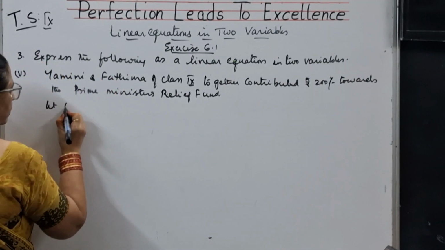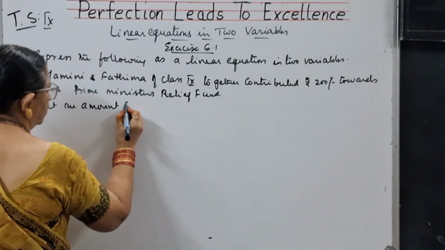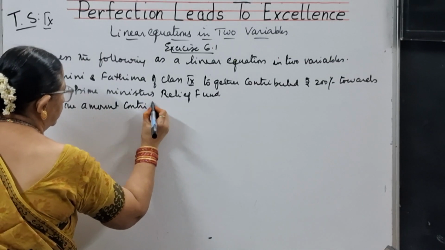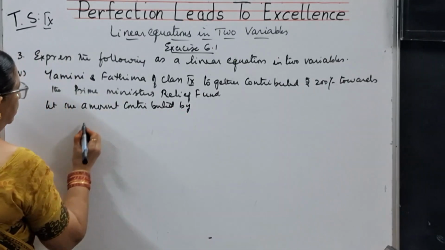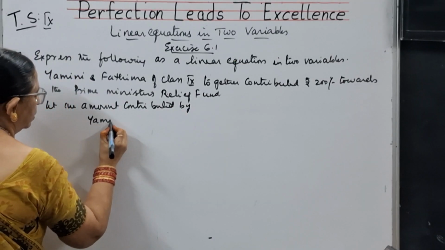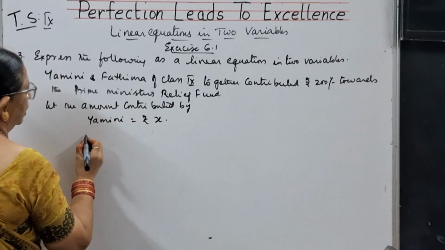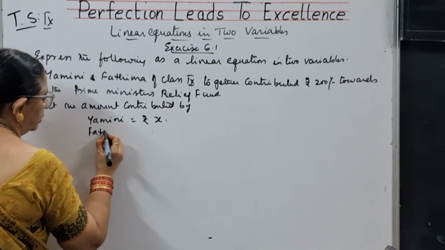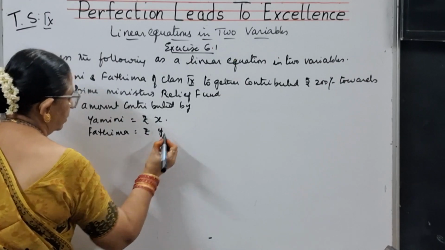So let the amount contributed by Yamini be rupees x and Fatima be rupees y.